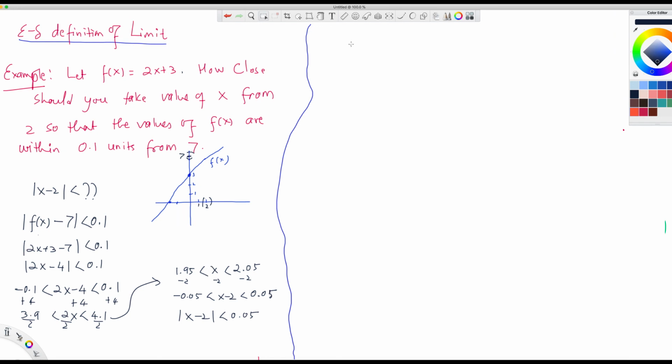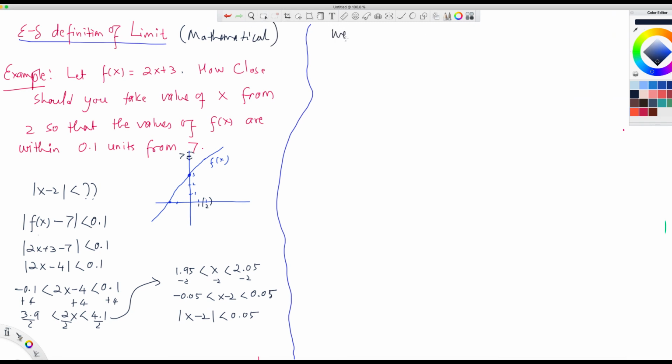Now, let me give you another definition of the limit, the mathematical definition. The epsilon delta definition is also called the mathematical definition.